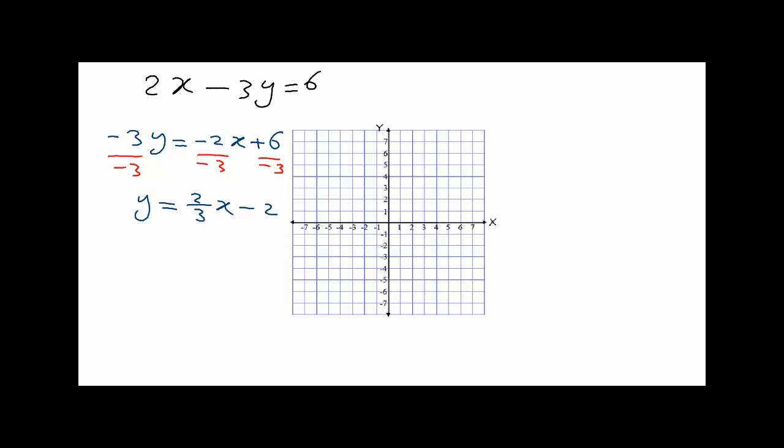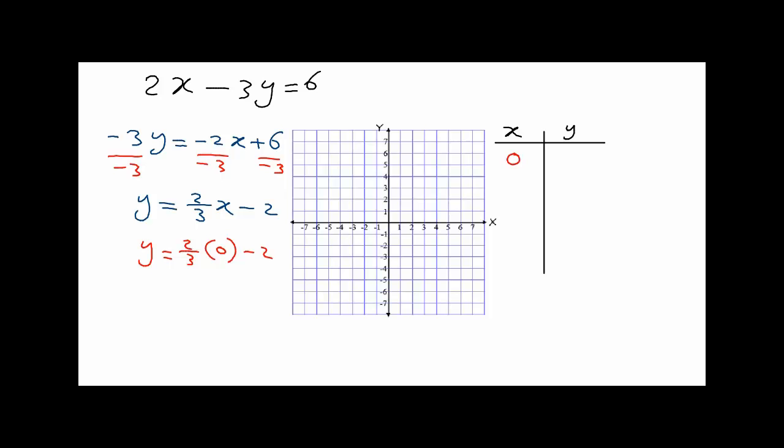Now, to find some values for x and y, we need to substitute some values of x in the equation to find the values of y. Suppose that we put x as 0, so y is equal to 2 over 3 multiplied by 0 minus 2.